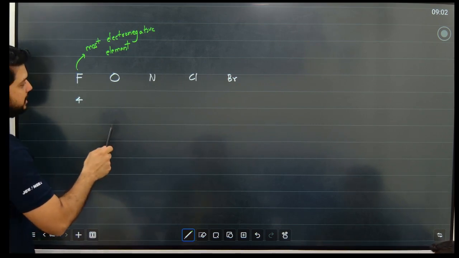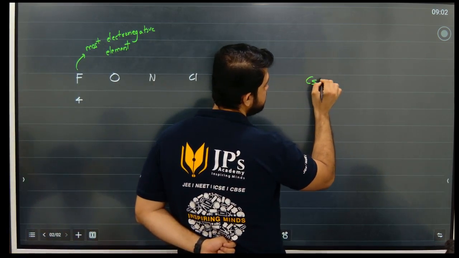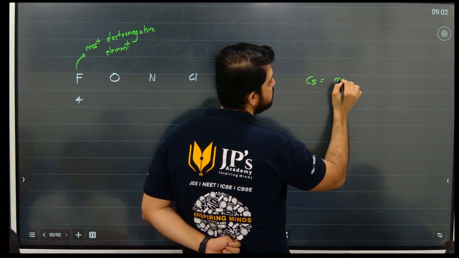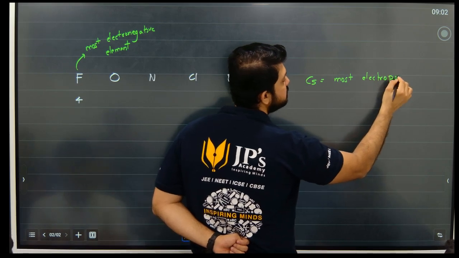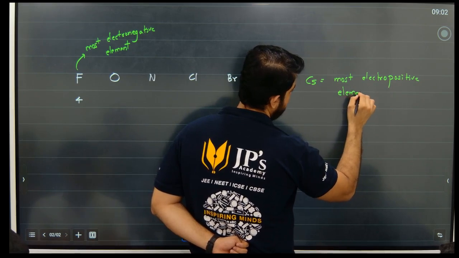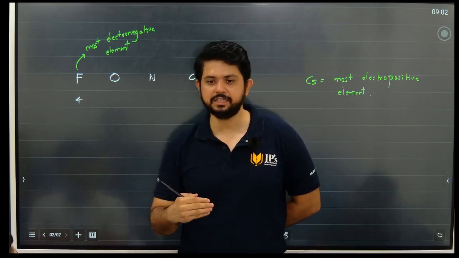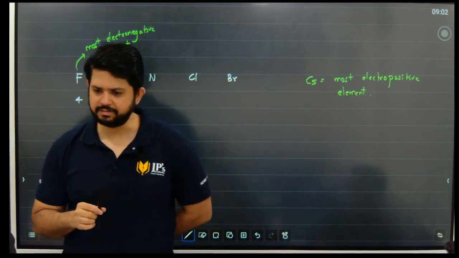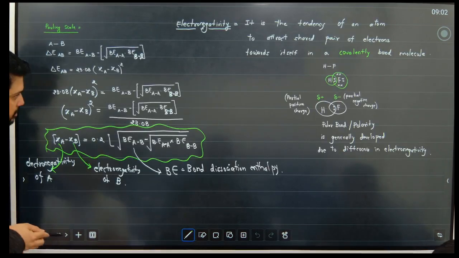And the most electropositive element, non-radioactive, is cesium. Cesium को आप बोल सकते हो this is the most electropositive element in the periodic table, or you can say it's the least electronegative element in the periodic table. With me till here? Chalo, jaldi copy this for me.